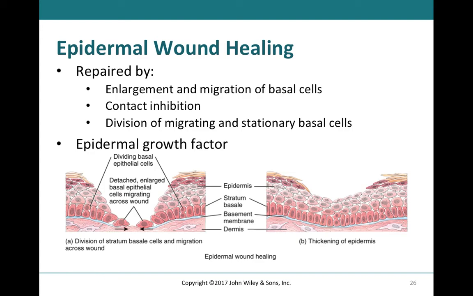Those basal cells, remember, are able to actually create new cells. They are still germinating, they are still growing, so those can help the wound to heal. You also need epidermal growth factor. This is going to stimulate those basal cells to be able to divide and replace the ones that have moved into the wound.